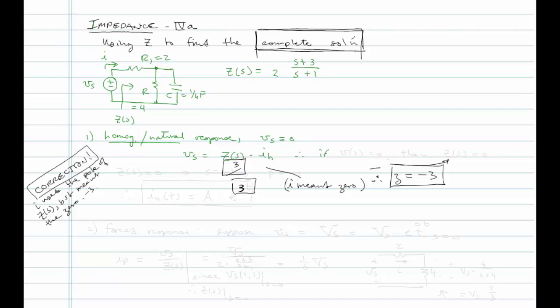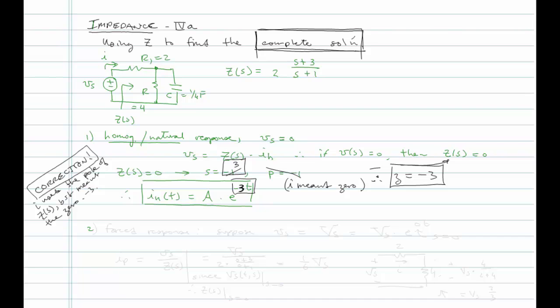Therefore, if Vs is equal to 0, we need to find the zeros of Z(s). Zeros of Z(s) give us the pole, in this case s equal to -1. That's our pole. And therefore the natural response for the current is going to be of the form A e to the -1t.